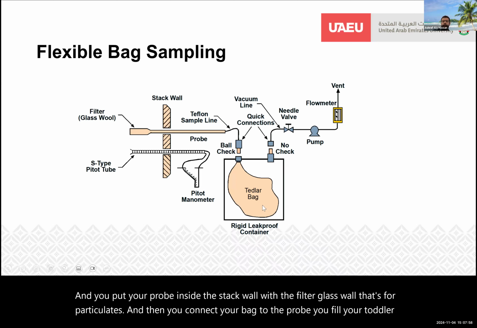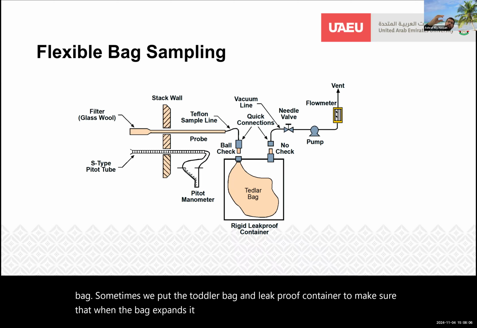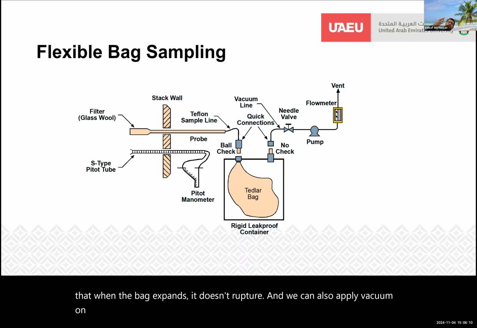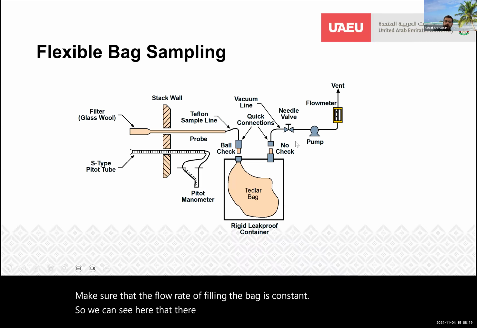Sometimes we put the Tedlar bag in a leak-proof container to make sure that when the bag expands, it doesn't rupture. And we can also apply vacuum on it to make sure that the flow rate of filling the bag is constant. So we can see here that there is a pump, vacuum line, and vent.